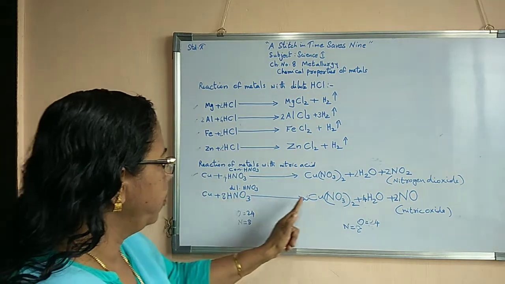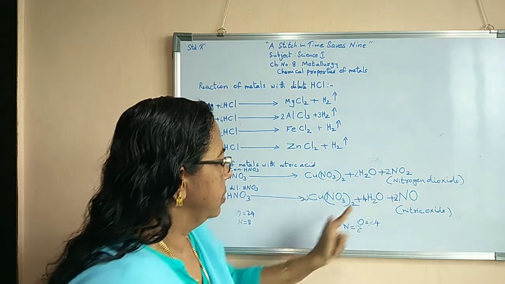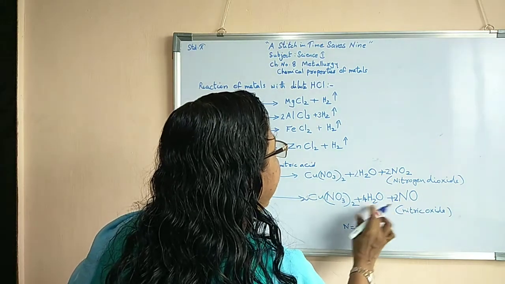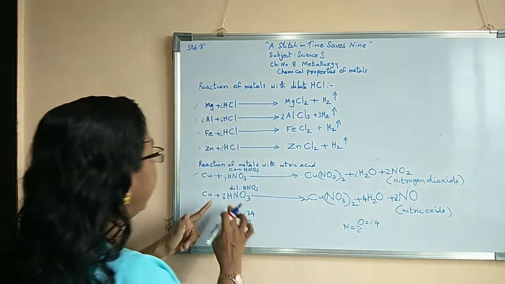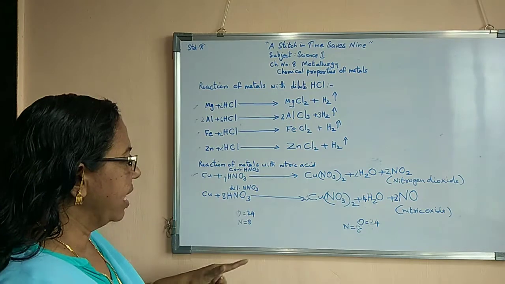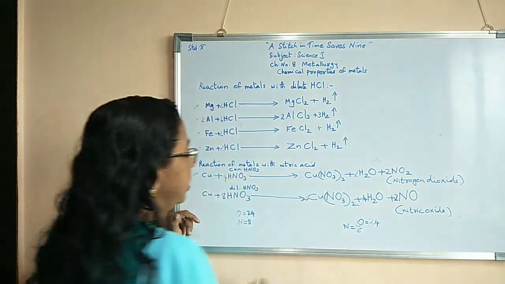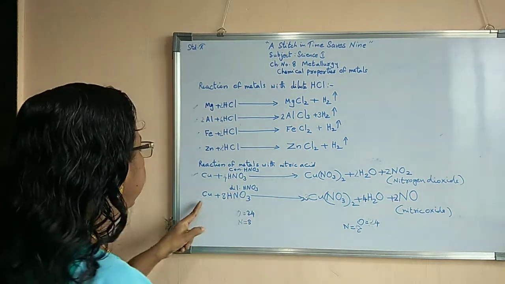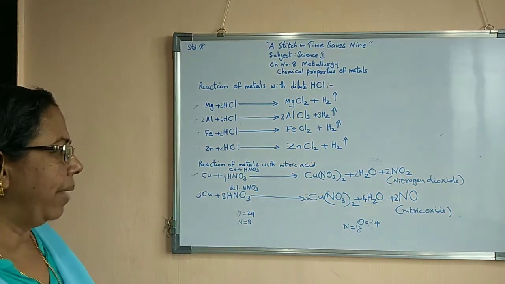Oxygen's number 24. Here we have got oxygen's number 18 plus 6, 24. Adding these two, here 4 is there, 22 plus 2, 24. Hydrogen here 8, here also 8. After that we will see now copper. Here 3 is there. So here 3 copper, then here also it will be 3. So like that way equation balanced.